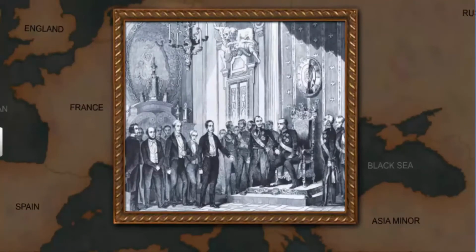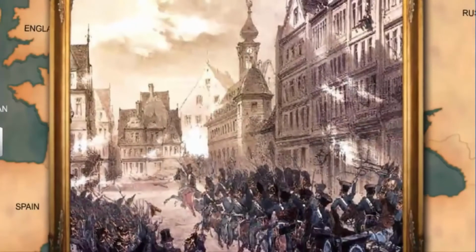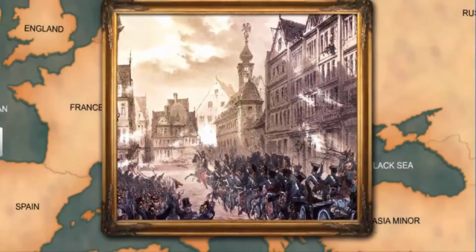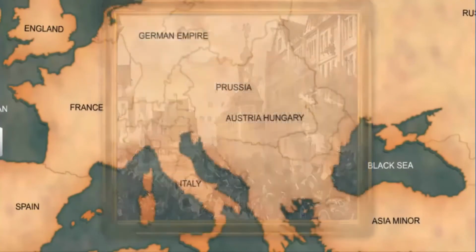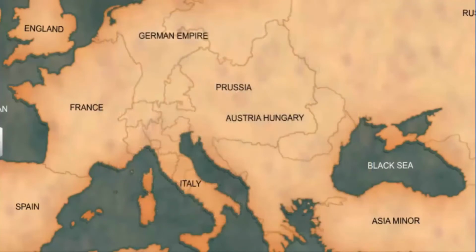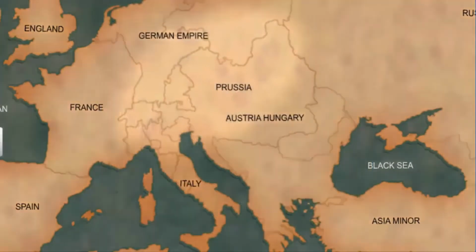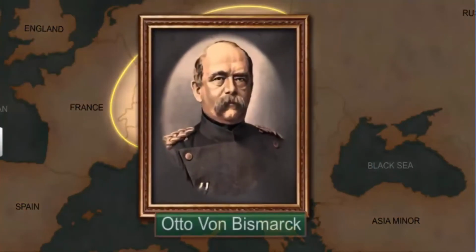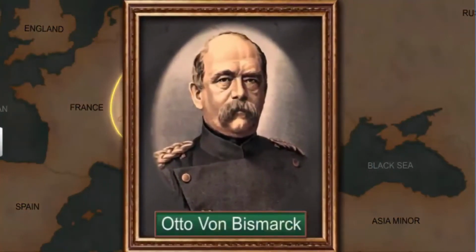The Frankfurt Parliament was crushed by the monarchy and army, which was supported by the Prussian landowners called Junkers. After the Frankfurt Parliament, Prussia became the leader of German unification. The man who played a crucial role in the unification was the Chief Minister of Prussia, Otto von Bismarck.